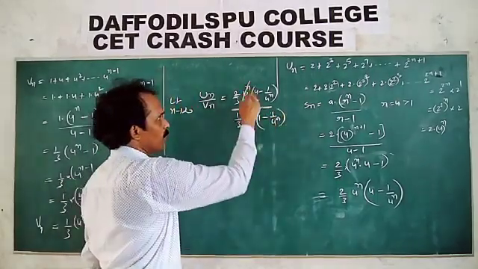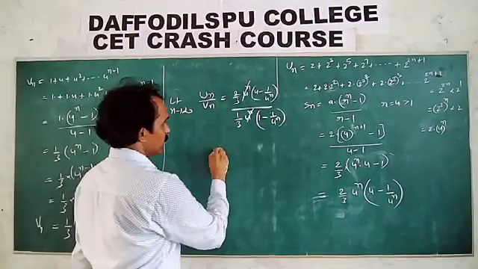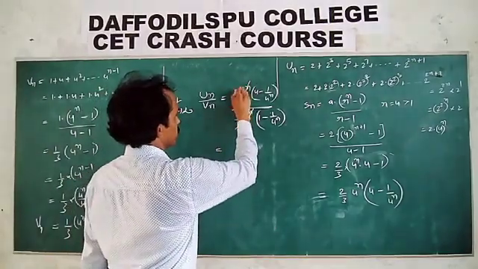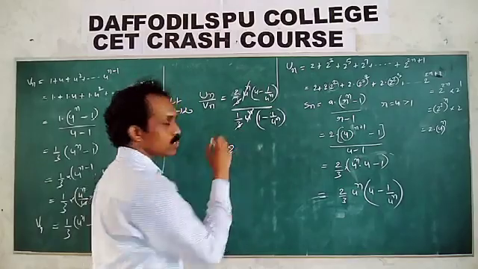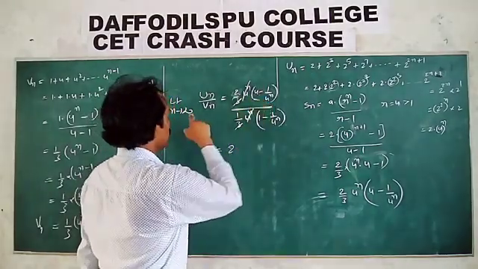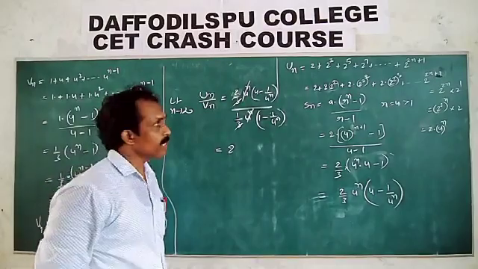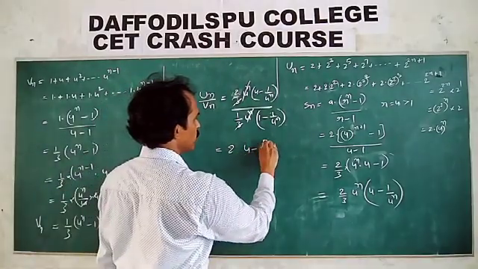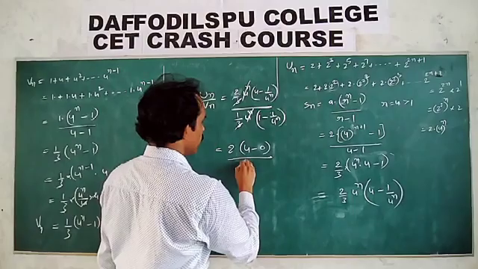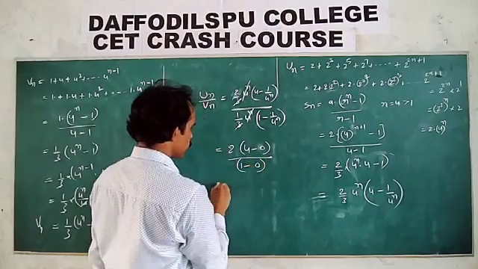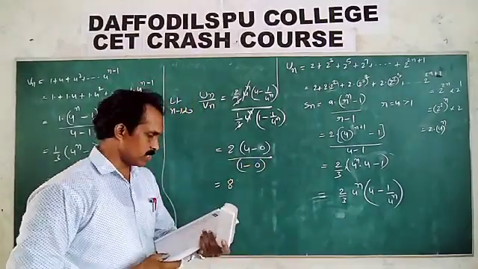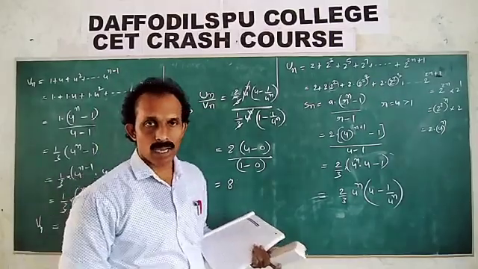Clear? 4 power n cancels, 3 cancels, still remaining 2. Okay, n tends to infinity, 1 by infinity is 0. Therefore 4 minus 0 divided by 1 minus 0. Finally this value is equal to 8. The first option is the correct answer.